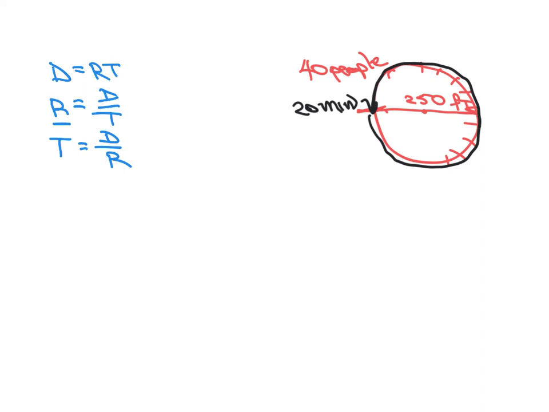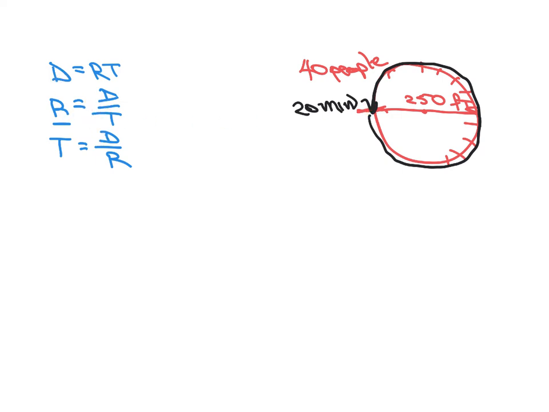What we do want to know is, in order to solve this, we're going to use the distance equals rate times time, or rate equals this, or one of these formulas. That being the case, there is a D in all three of those, and that's distance. So that means we have to find the distance from here all the way around to here, because we do need a distance in there somewhere.